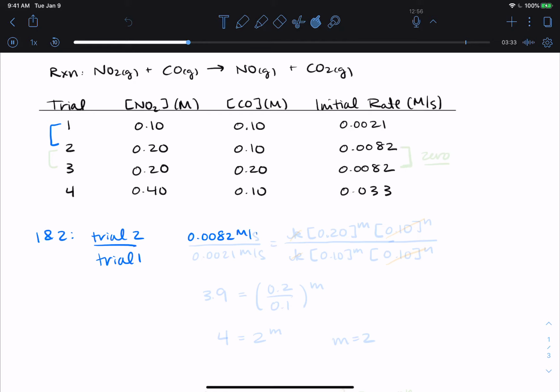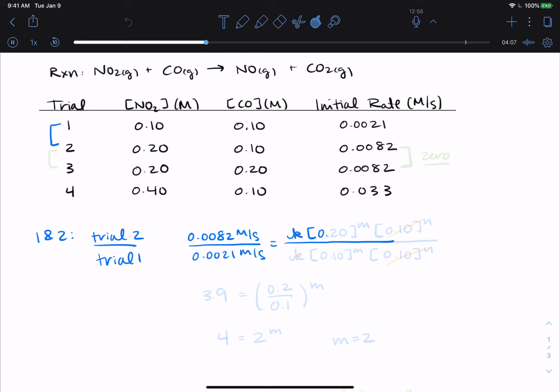So for trial 2, my rate of reaction is 0.0082 molarity per second. For trial 1, my rate is 0.0021 molarity per second. And this is equal to the rate law for trial 2, so the rate constant times the concentration of my first reactant, which is NO2, making sure I get this in the right order, I'm doing trial 2 over trial 1.